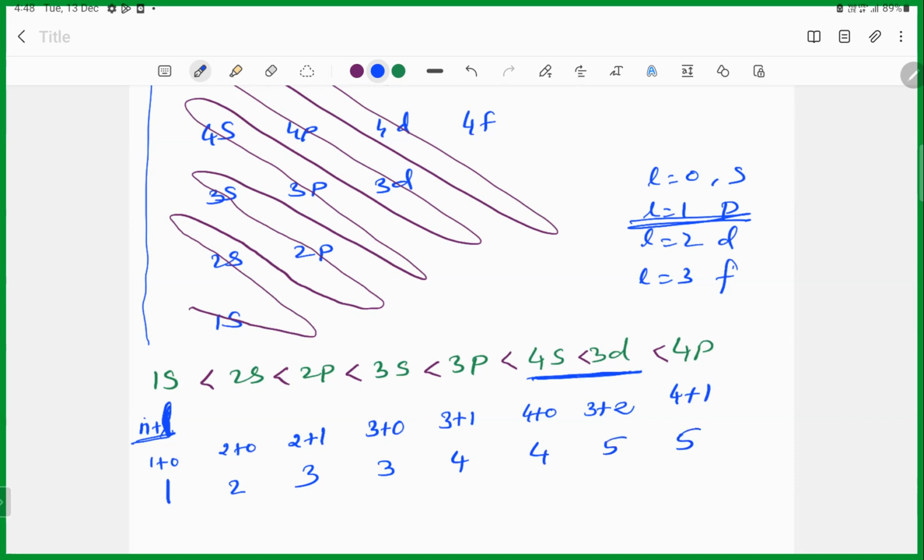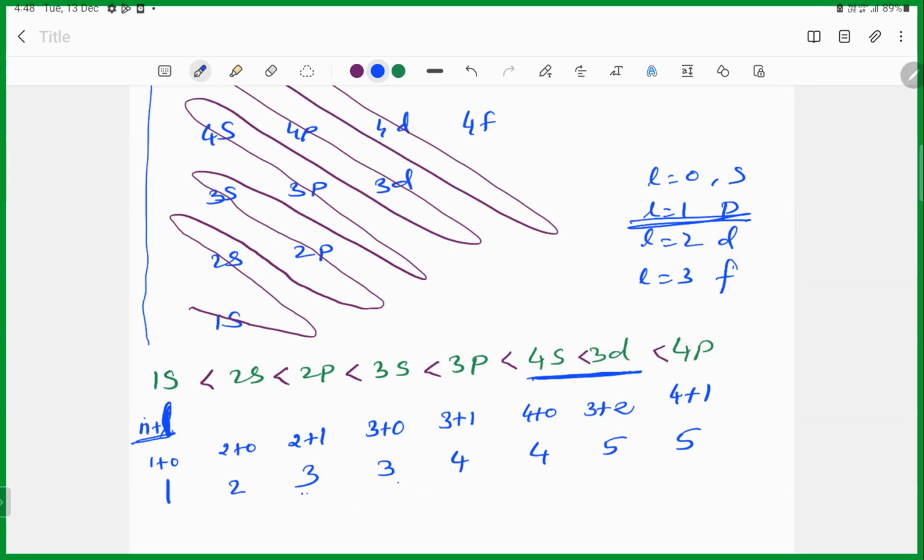So the next question comes to your mind. What is the question? Here both are 3. Why are you getting 2p orbital lesser than the 3s orbital?